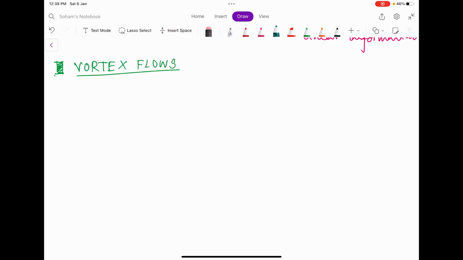So vortex flows means flow revolving around any axis, or fluid that is revolving around any axis.